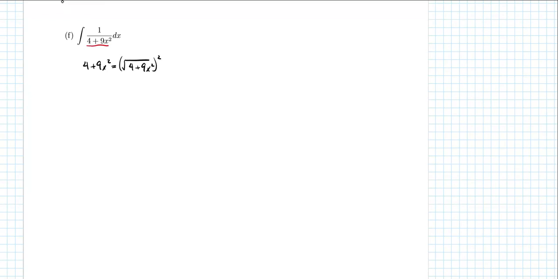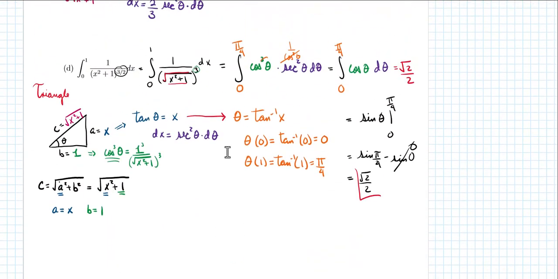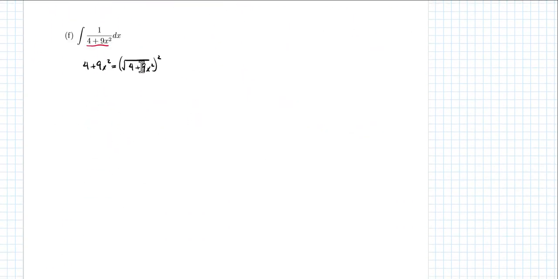Okay, well, now it becomes a problem that's similar to the one that we did in the previous video, where we were raising it to a 3/2 power, but we had a square root somewhere in there. So, now that we have established our square root, let's go ahead and draw our triangle.